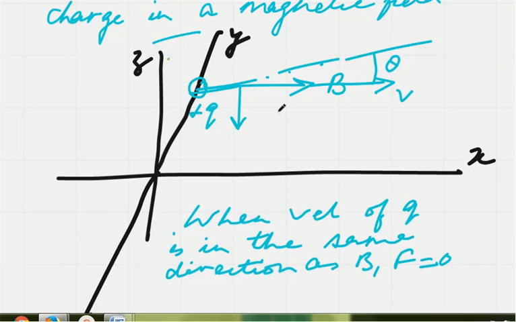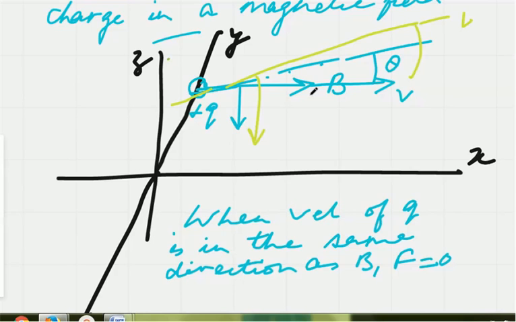If we increase this angle theta with B, which means the charge now moves in this direction, the angle between the velocity and B has increased. Now we see that force increases. If you increase theta further, force will increase more.